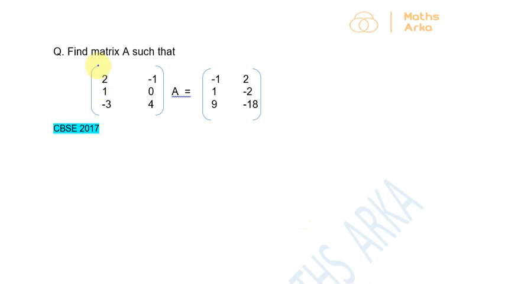What it says is that one matrix is multiplied with the other matrix A, and this is the result. Then we need to find the matrix A. Again, I would request each of you to pause the video and try it yourself. Of course, we will be solving it for you, and then you can check your result.